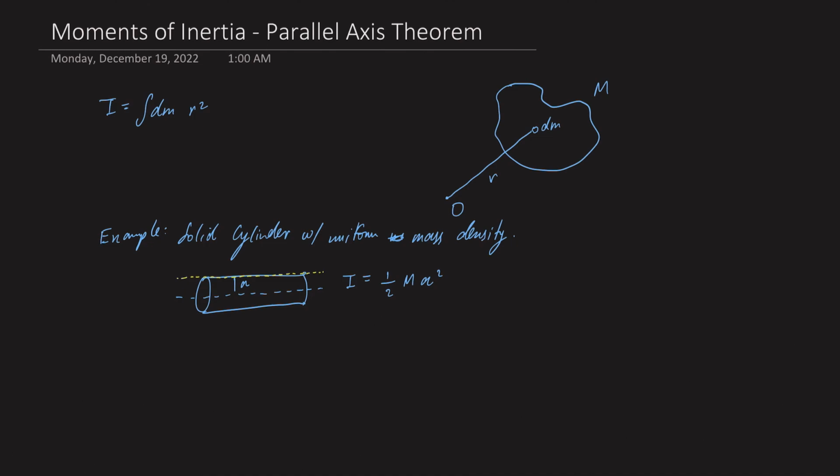So intuitively, we would think that the moment of inertia should increase. In fact, the moment of inertia to rotate an object about an axis that doesn't pass through its center of mass is higher than rotating it about an axis through its center of mass. So let's actually see how much higher it is.